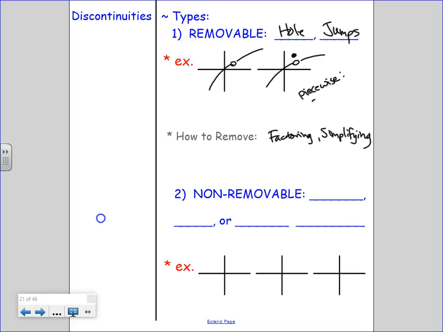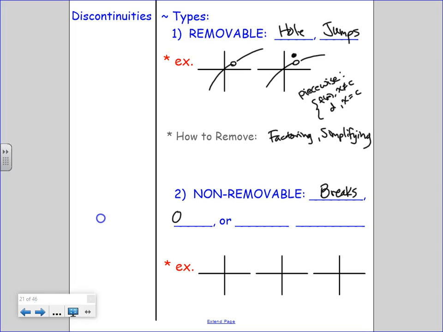And it's specifically a piecewise function where you have some sort of f of x defined for x not equal to c, and then some sort of constant for x equals c, and they don't match up. That technically is removable as well, because all you have to do is redefine one point, and then it would be continuous. Non-removable would be breaks, which we already kind of know.